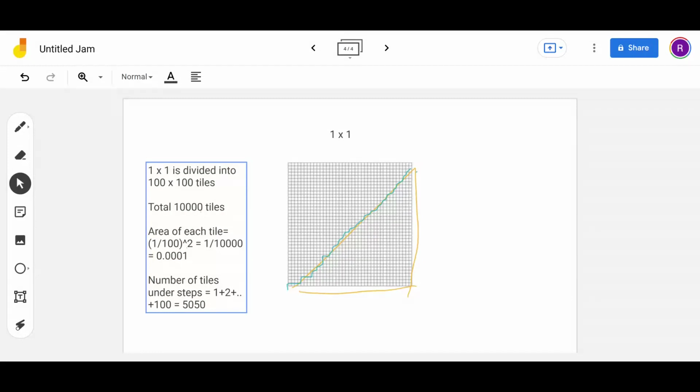You were told 5 point something, right? How much is the total area of all the tiles under the blue steps now? 0.505, sir. Exactly. Okay, so let's continue writing here.